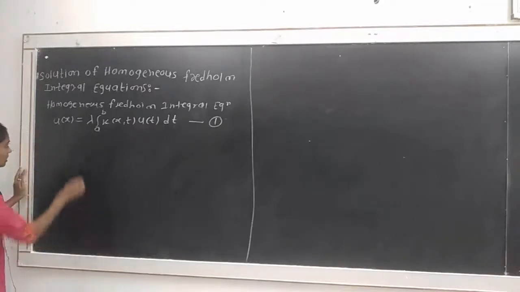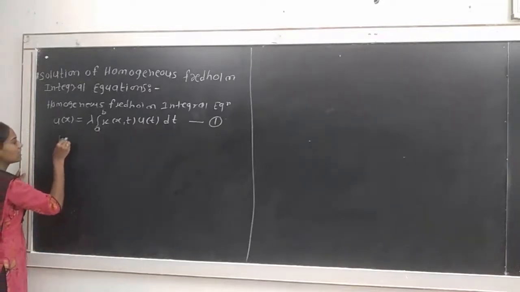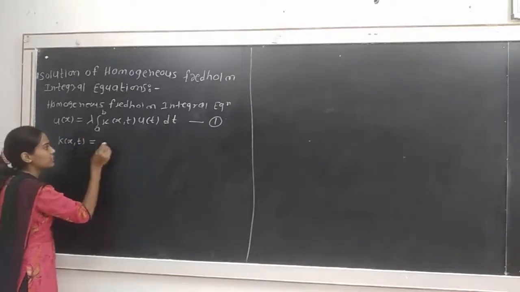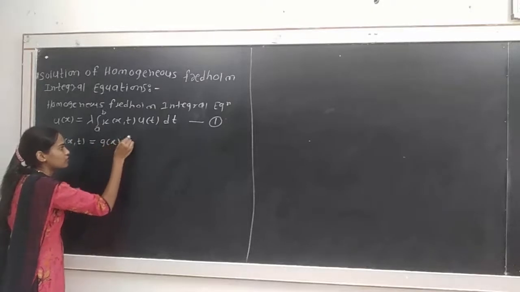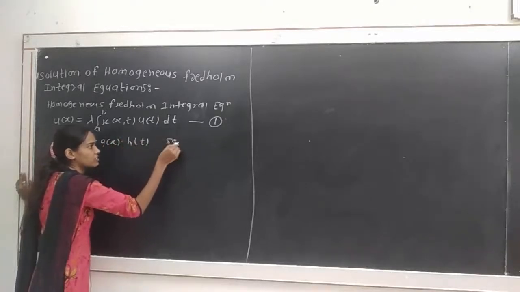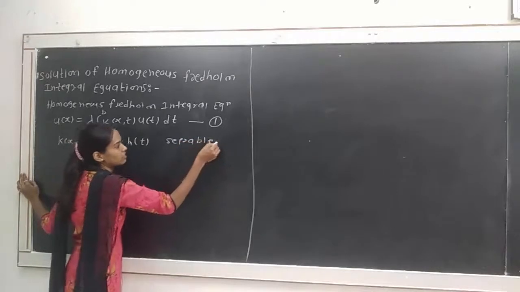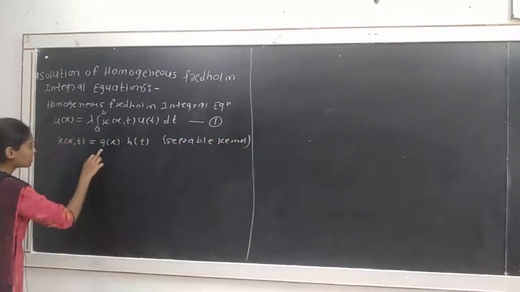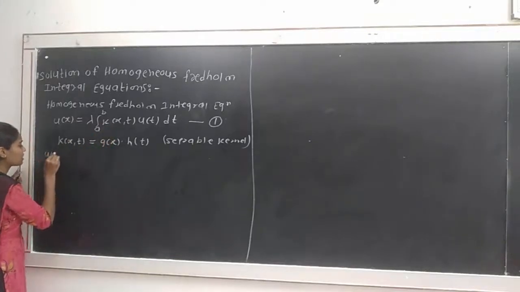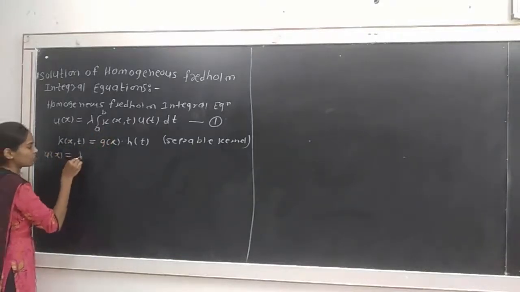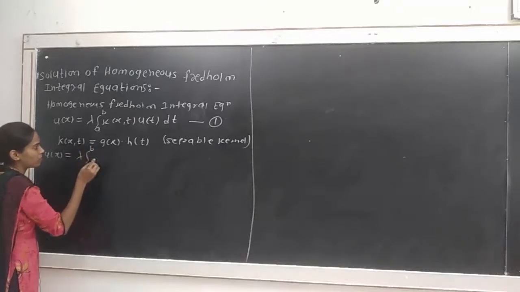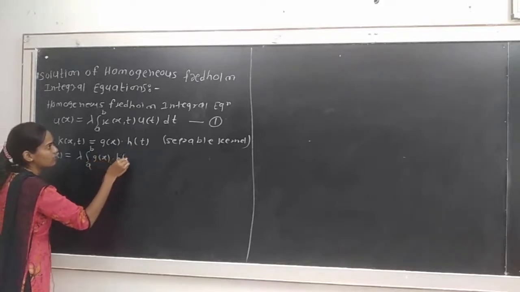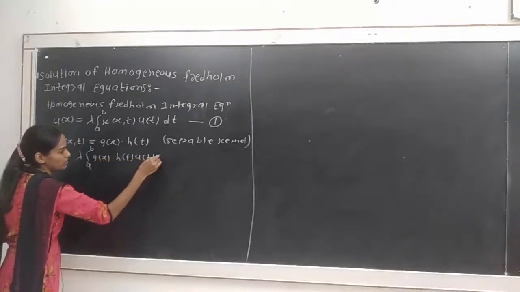Then here the kernel k of x t will be the separable kernel, that is k of x t is equal to g of x into h of t. We put this value in equation number 1, then equation number 1 becomes u of x is equal to lambda integration from a to b, g of x into h of t into u of t dt.